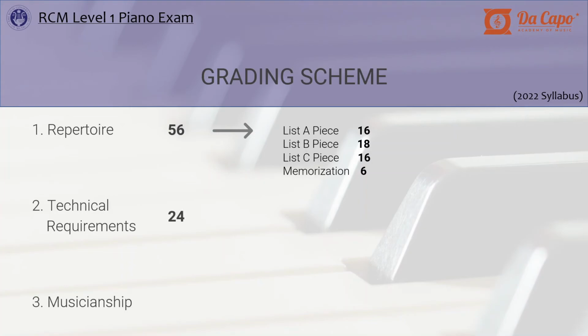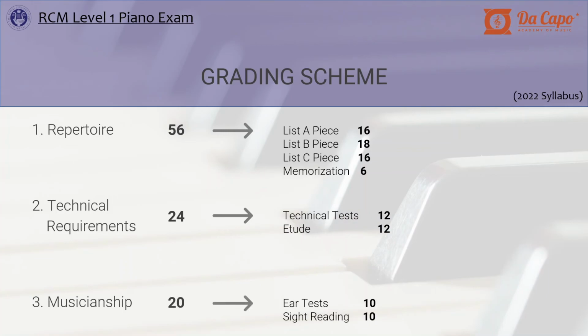Next, we have 24 possible marks for the technical requirements, 12 for technical tests, and 12 for etudes. The etude, we have only 1. And for the musicianship, we can earn 20 marks, 10 for ear tests, and 10 for sight reading, which brings us to a total of 100, with the passing grade being 60.